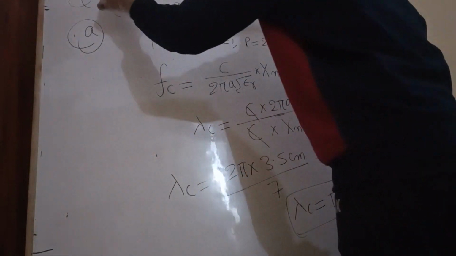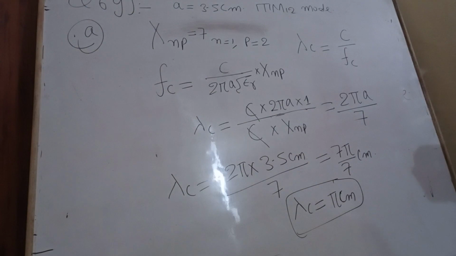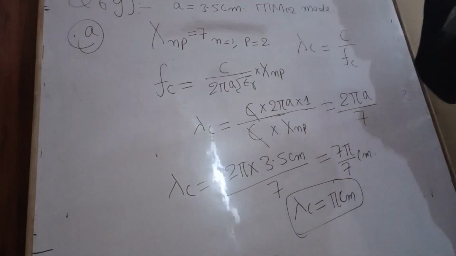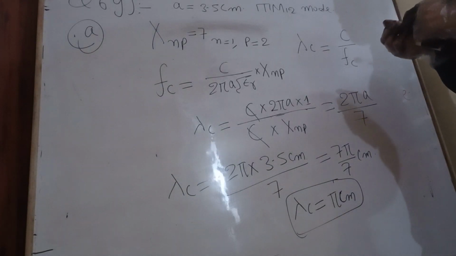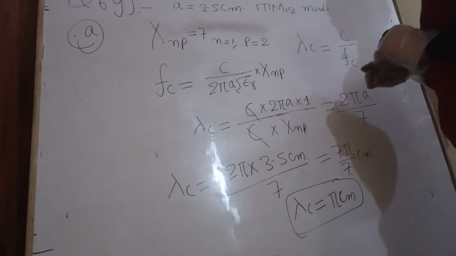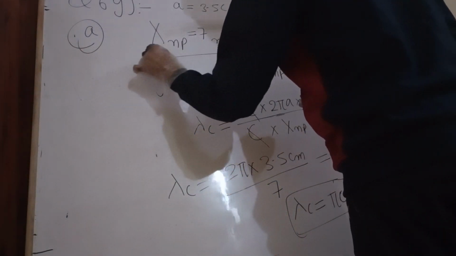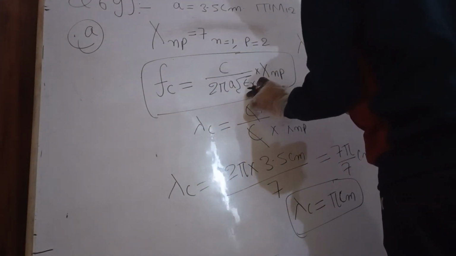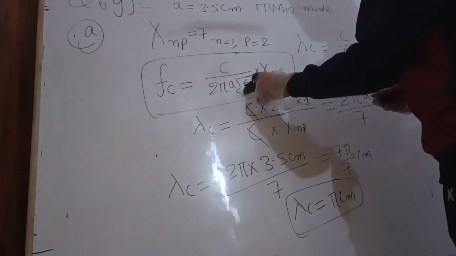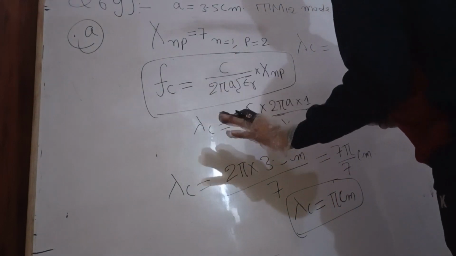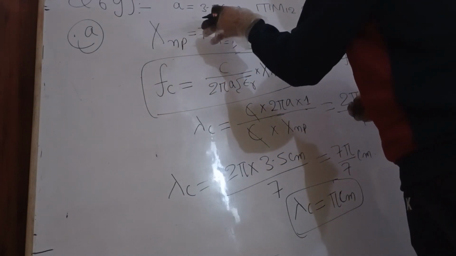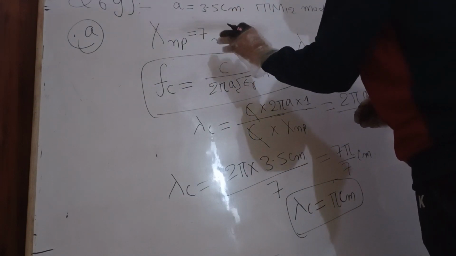So this is question number 69, about the cutoff wavelength in the case of a circular waveguide. The main formula for cutoff is c by 2 pi a square root of epsilon r, where epsilon r is the relative permittivity of the medium, meaning what is filled within the circular waveguide.